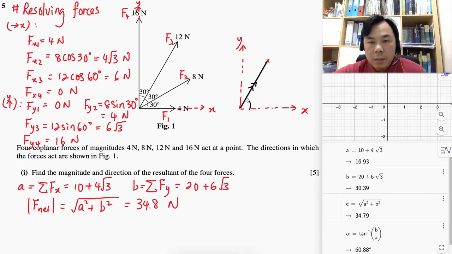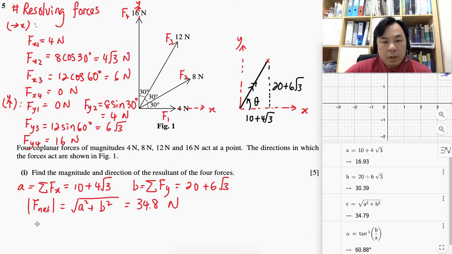And then the angle made by this resultant force is here. This vertical height is given by 20 plus 6 root 3, and this horizontal section is given by 10 plus 4 sec 3 there. So you can determine the angle quite easily by taking the inverse tangent of 20 plus 6 sec 3 over 10 plus 4 sec 3.